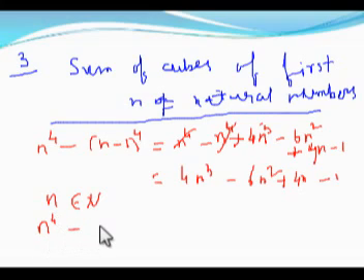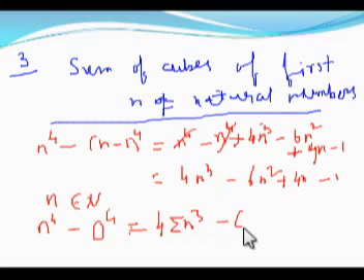After the addition we will get n4 minus 0, and here you will get 4 times the summation of cubes of the first n natural numbers. This will be n cube. Minus, here we will get the sum of squares of the first n natural numbers, and here we will get the sum of the first n natural numbers.